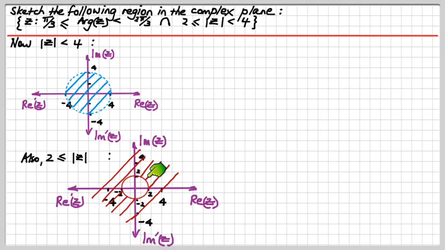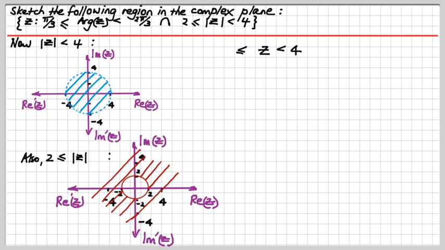The length of the line from the origin to any point outside that circle will be greater than 2. And we also can have it on the line because it can equal 2, so I've done a hard continuous line there for the boundary of the circle.